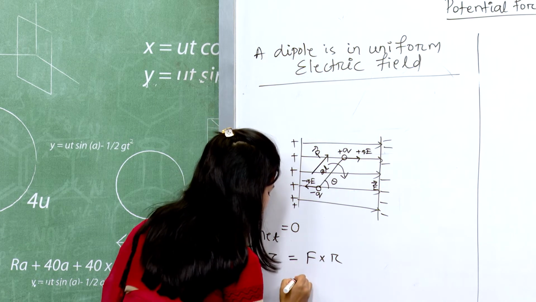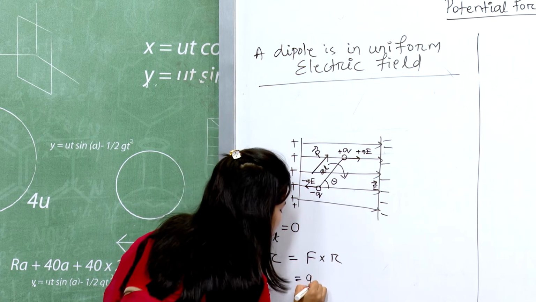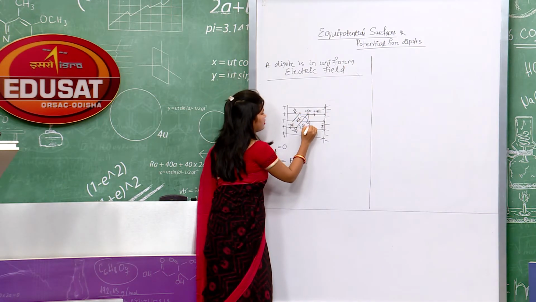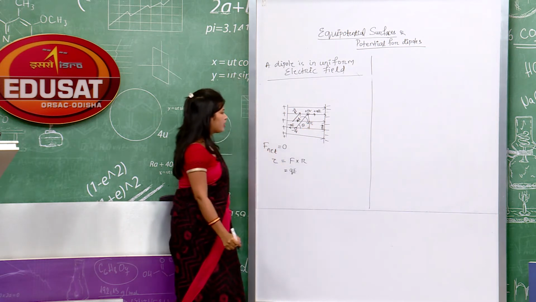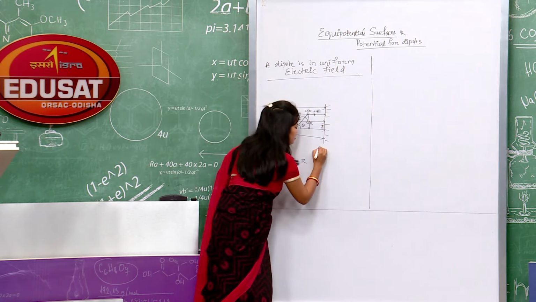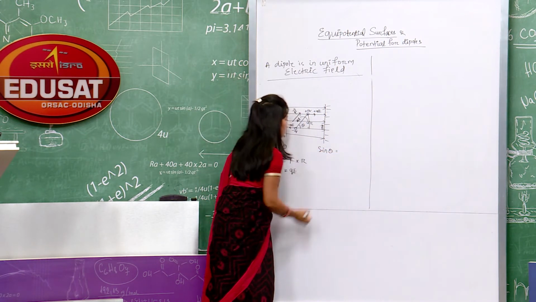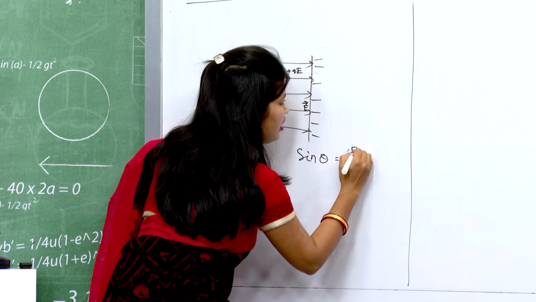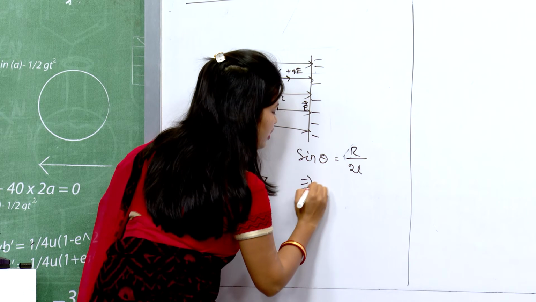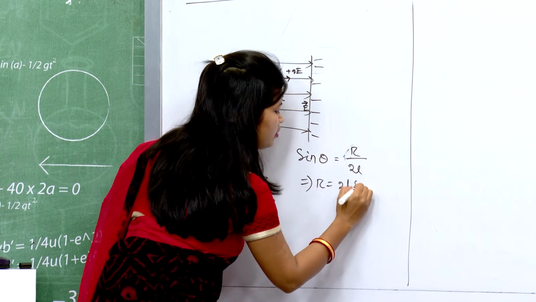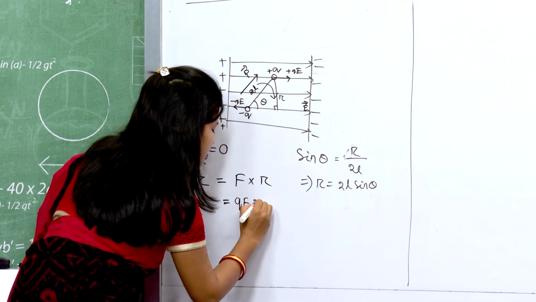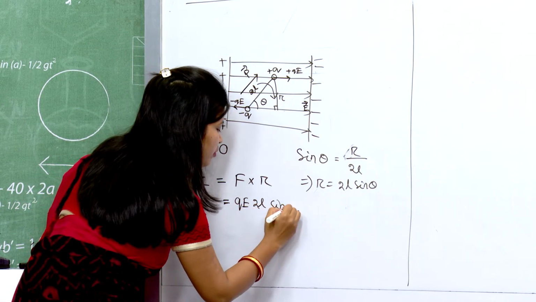The magnitude of force is QE, and the perpendicular distance is r. Sin theta is r by 2L, so I get r is equal to 2L sin theta. So I can write here 2L sin theta.